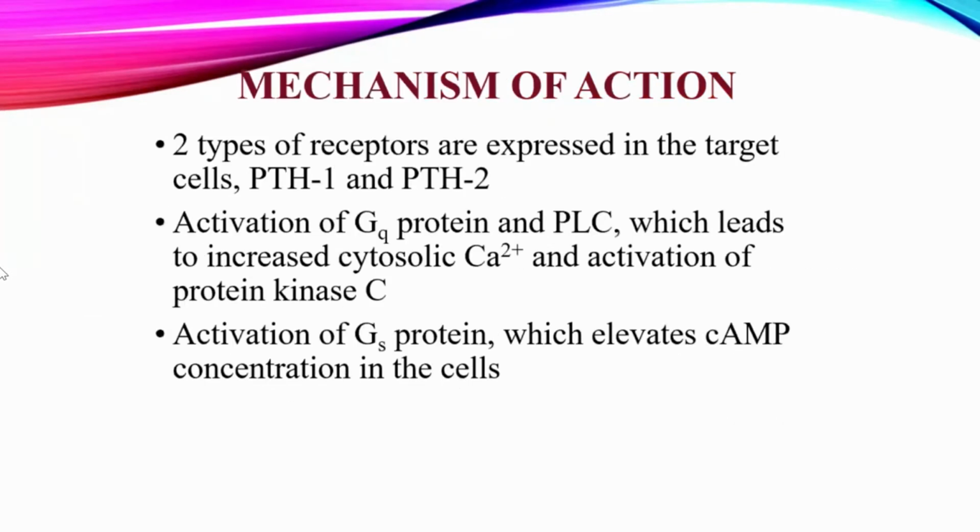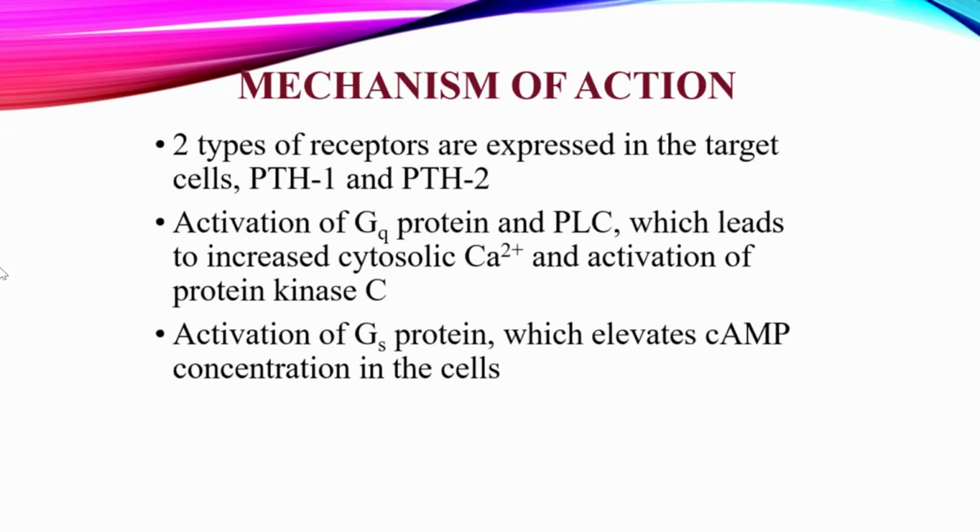Mechanism of action. In the target cells of the body, there are generally two types of receptors for parathyroid hormone: parathyroid hormone receptor 1 and parathyroid hormone receptor 2.